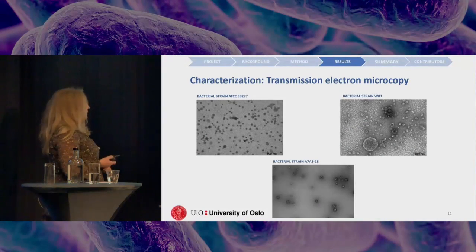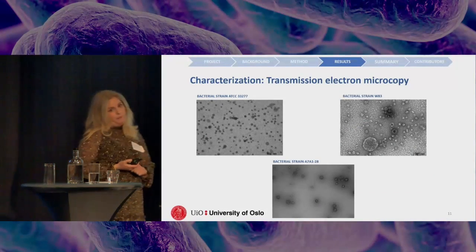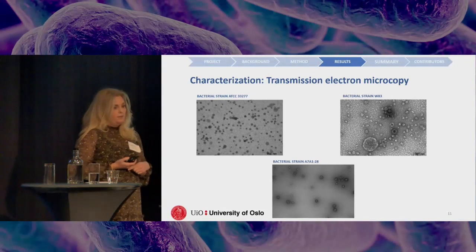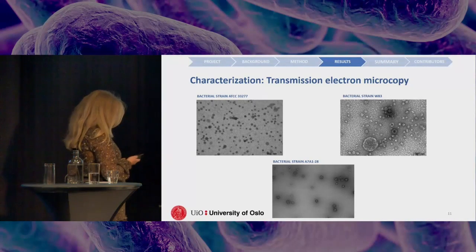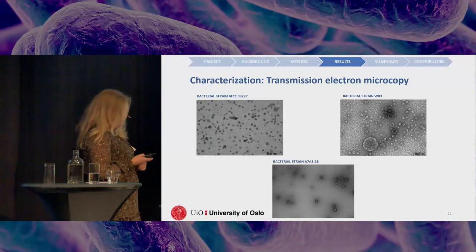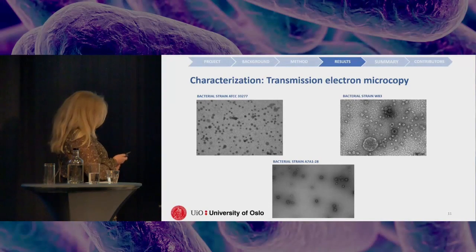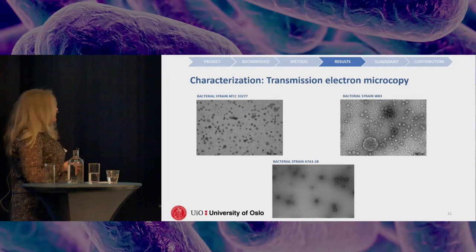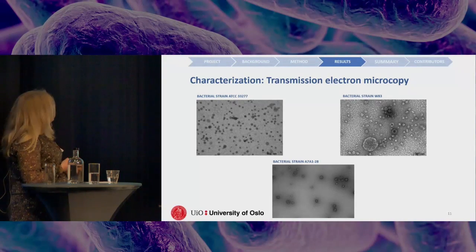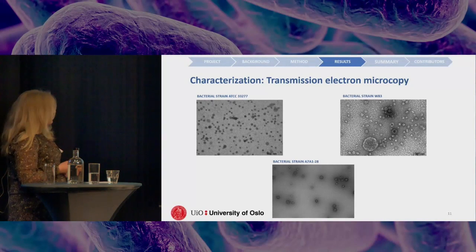Then we do transmission electron microscopy. We take our samples, do negative staining and take pictures. Here you can see pictures from 3 different strains, and you can see vesicle-like structures here, and also here.